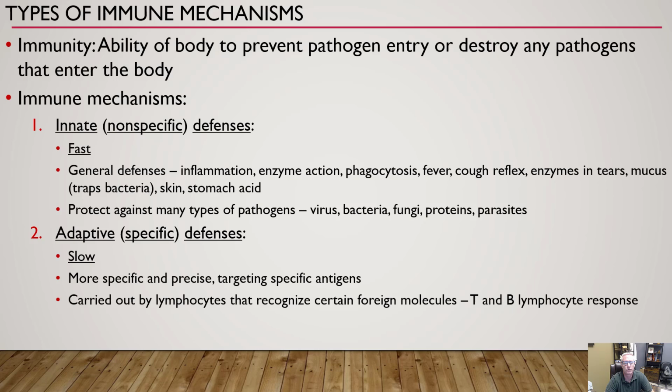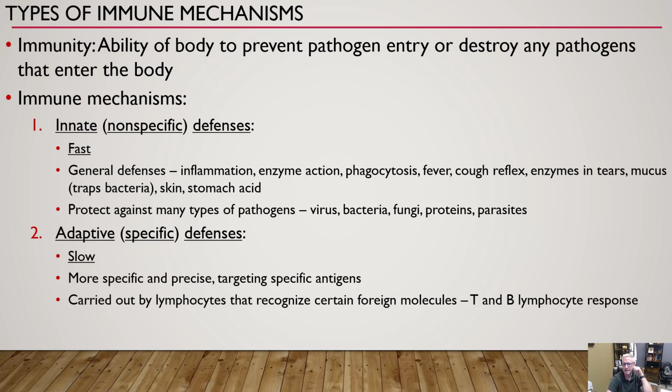Remember, immunity is just how our body prevents either pathogen entry or how we destroy pathogens that enter our body. We have two different ways our body provides protection. We have these innate defenses and we have these adaptive defenses.